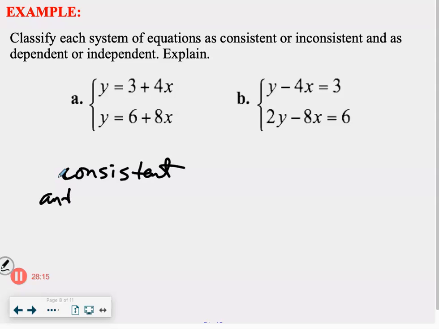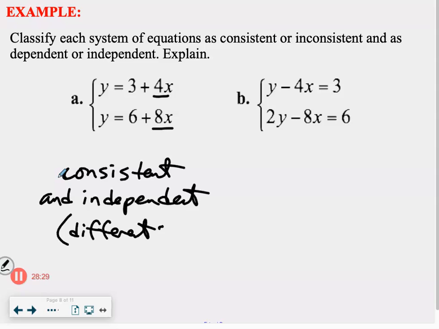Consistent and independent. And it's fantastic that you said I just looked at the slope, because whenever your slopes are different, there is no way those lines are going to be parallel, and there's no way they're going to be the same line, which means as soon as you have different slopes, you know those lines are going to crisscross.